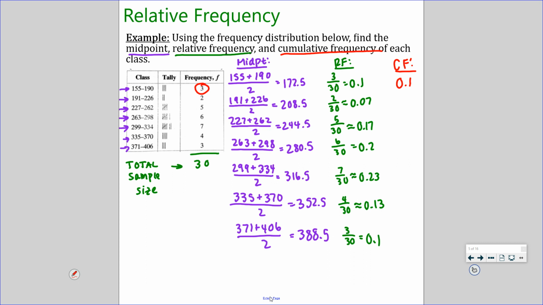Okay, so then to calculate my next cumulative frequency, I would do 0.1 plus the next one. So we get there. All right, and then I build off that. So then I take that 0.17 plus my next 0.17, and we get about 0.34.